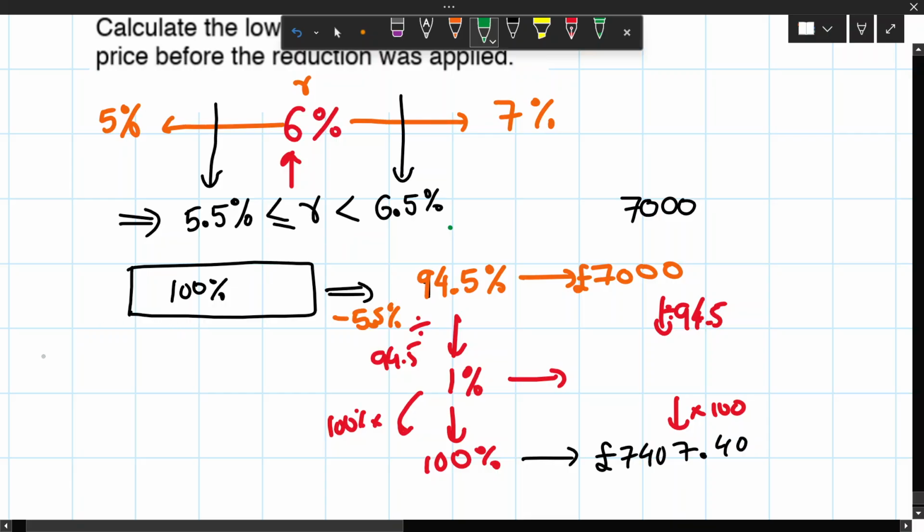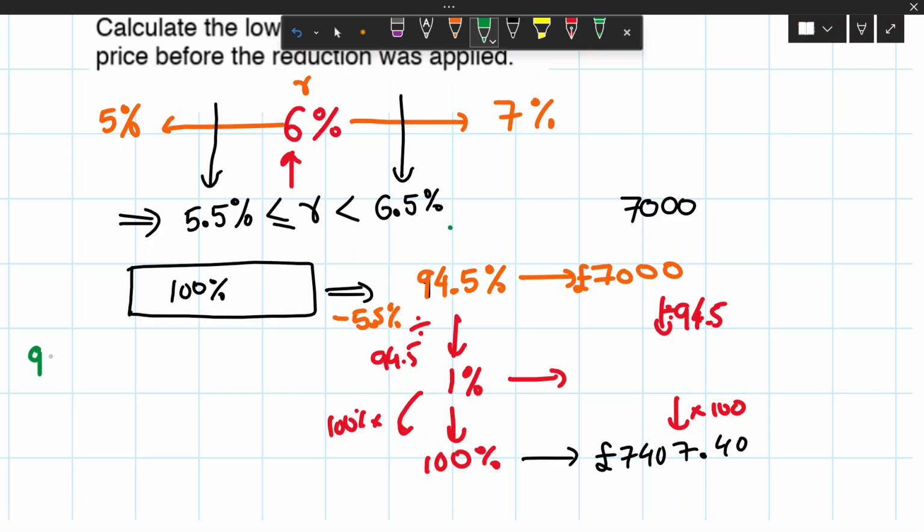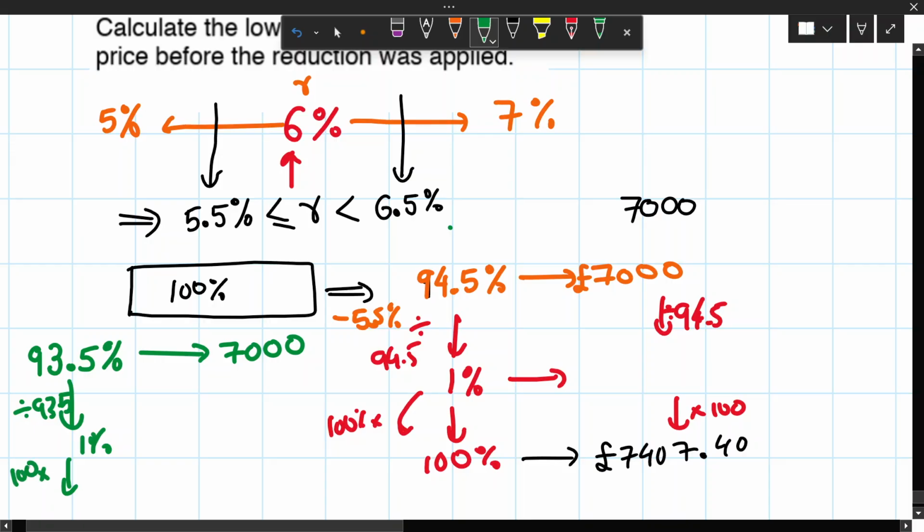But what if I got this car for a 6.5% reduction? So if it was a 6.5% reduction, I bought this car at only 93.5% of its value, and that value is 7,000. So I could divide again by 93.5, find 1%, and then multiply that by 100.